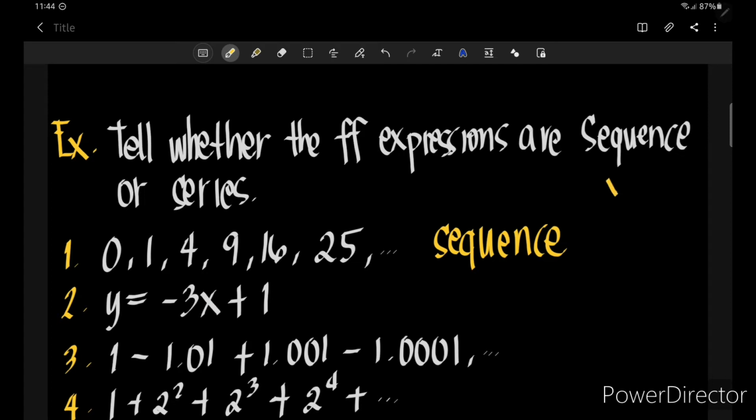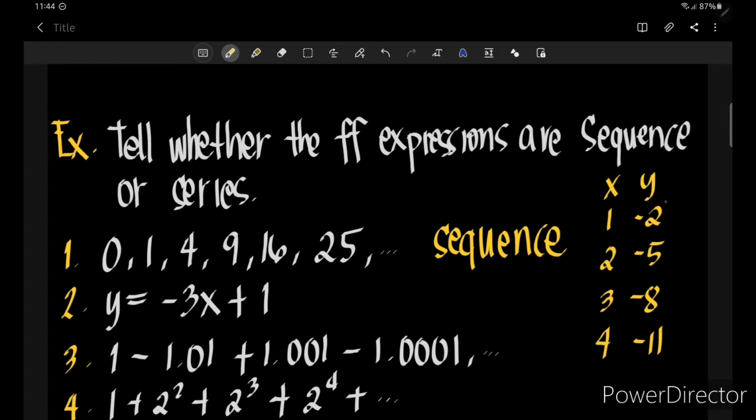Halimbawa, if x is 1, the value of y is negative 2. If x is 2, the value of y is negative 5. If x is 3, we have negative 9 plus 1, which is negative 8. If x is 4, we have negative 12 plus 1, which is negative 11.